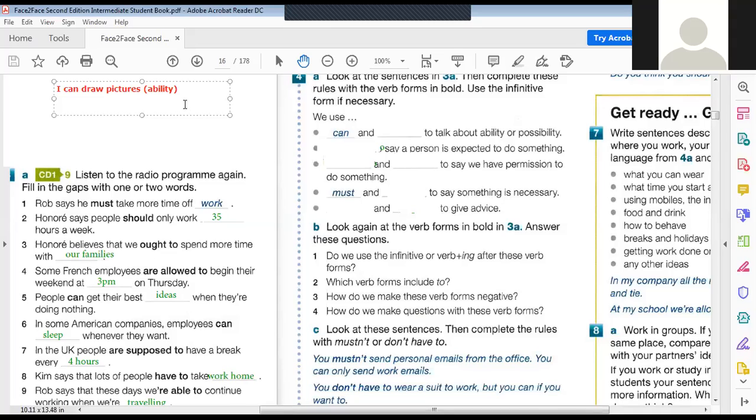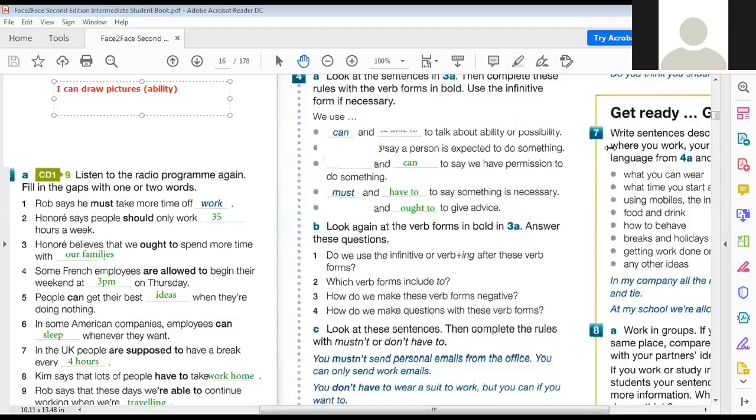I want possibility with can. You have to use can. Okay. You cannot stop here. This is not possibility. This is prohibition.